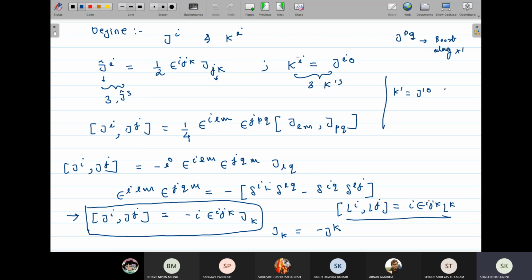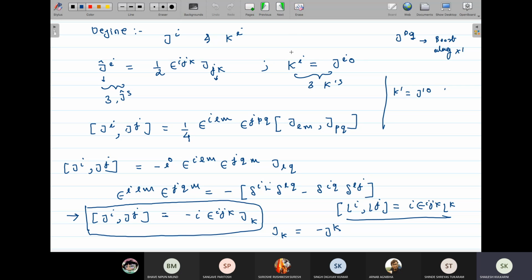So we showed it just for i equal to 1. I explicitly showed what is the generator for J10 and what kind of transformation it will generate. This will generate the boost along one direction, x1 direction, or inverse boost. If you do it for 2 and 3, you will get boosts along x2 and x3.